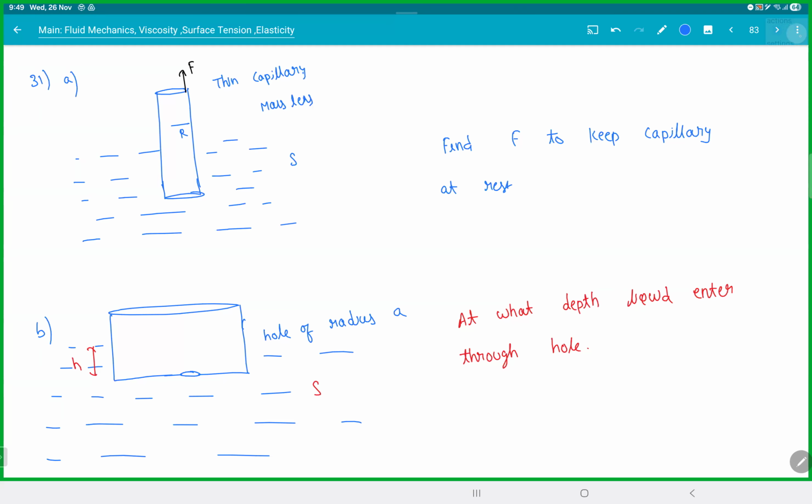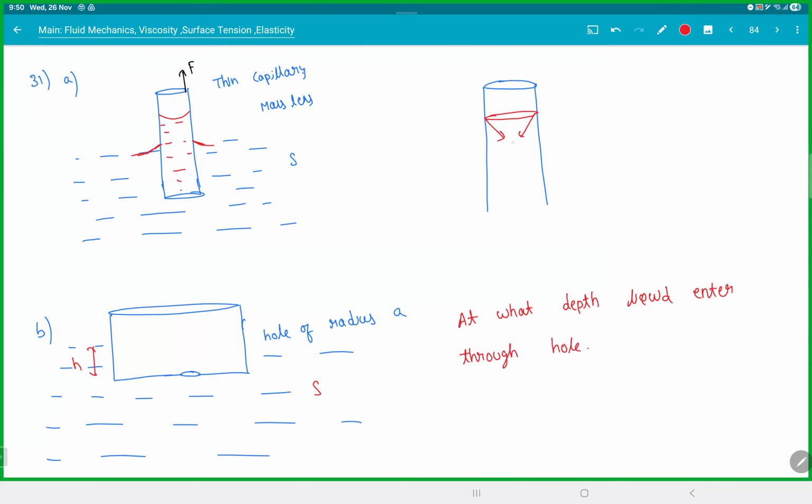Let's see. What is the catch here? Now, the most common mistake, right? You need to understand. If I draw the capillary here, there are two things happening. Understand the water outside is also sticking to the thing, and there is also a meniscus inside. So if I actually draw the FBD of the capillary, the liquid which is inside is being pulled up, vice versa, that will pull it down now.